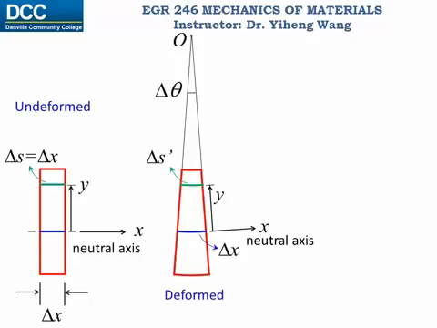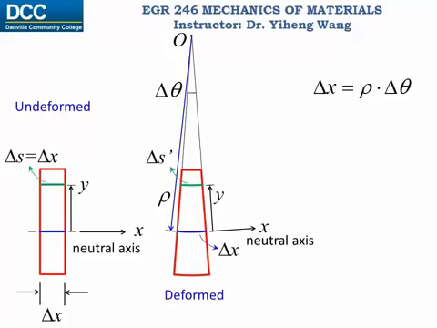Now, both delta x and delta s prime can be considered as lengths of two arcs with the central angle delta theta. For delta x, its radius of curvature is rho, and the length of the arc delta x equals rho times the central angle delta theta.